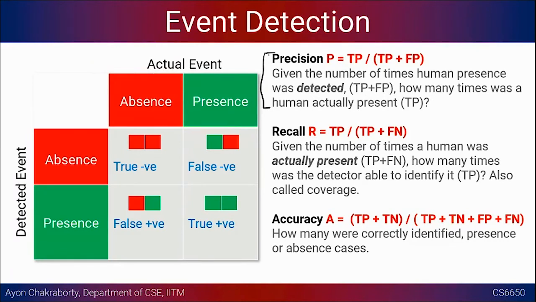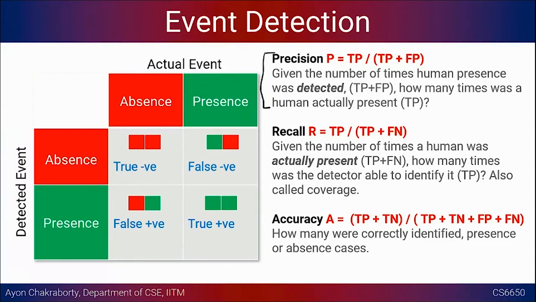But that is going to hurt on a different metric, where, given the number of times the human was actually present, how many times was the detector able to identify it correctly? So just note the difference in the denominator.